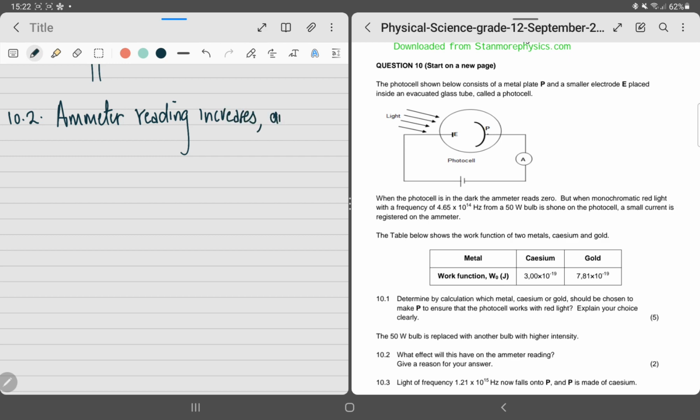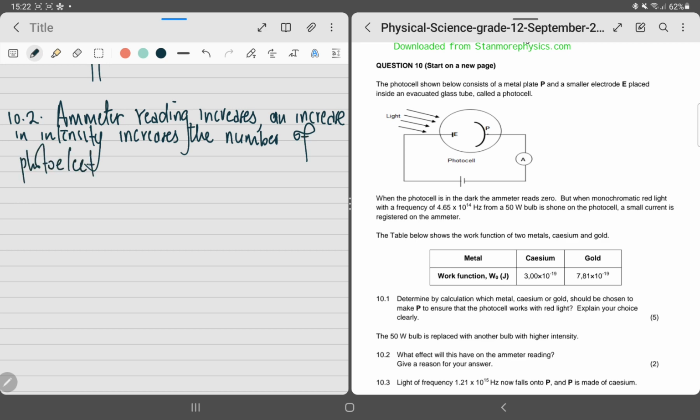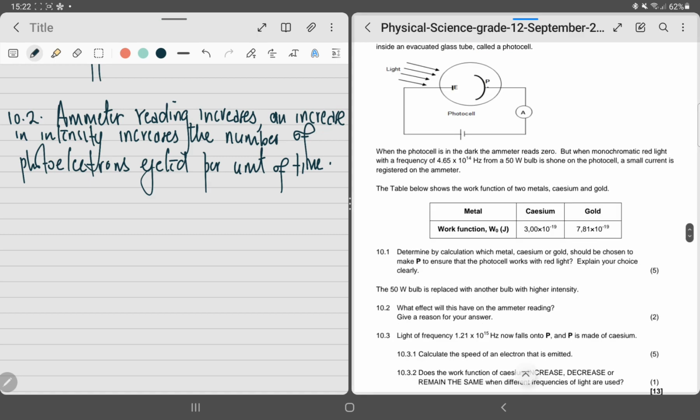An increase in intensity increases the number of photoelectrons ejected per unit of time. Okay.